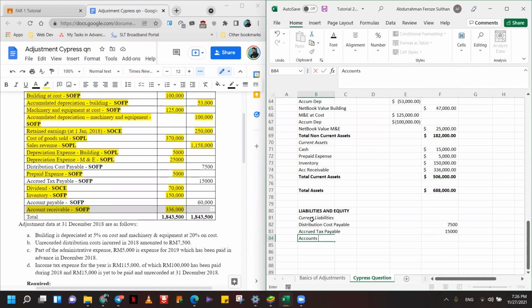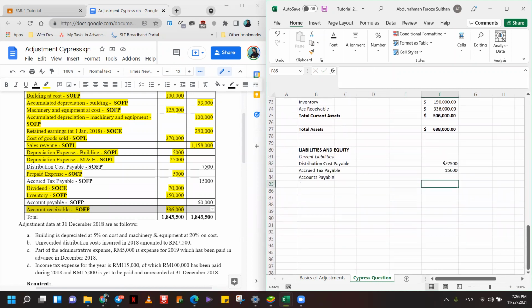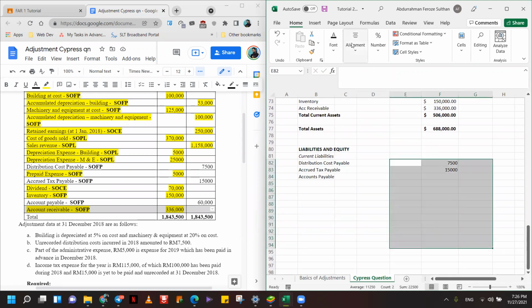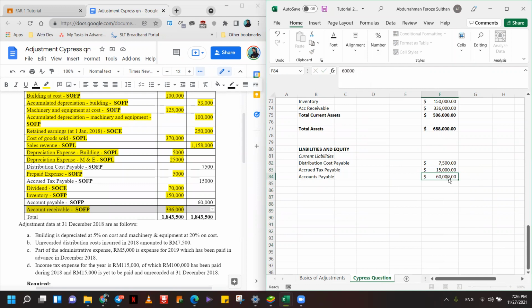How much is accounts payable? 60,000. Okay, 60,000. All right, and then total. We can put total CL for total current liabilities equals sum. So that is the total current liabilities.